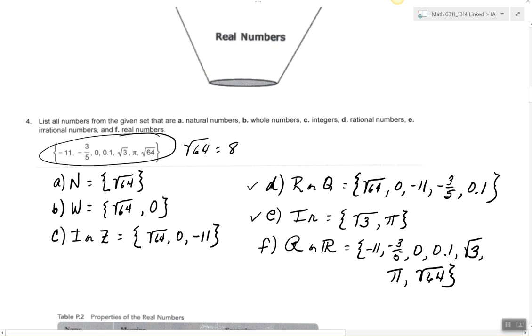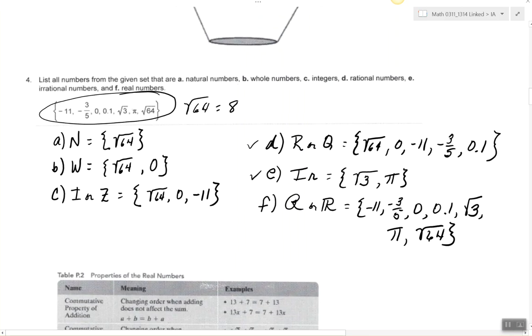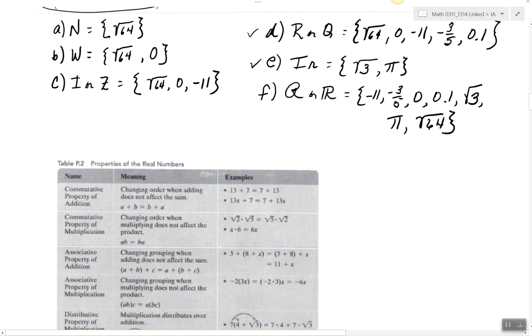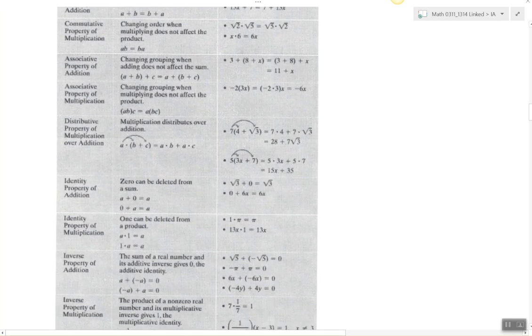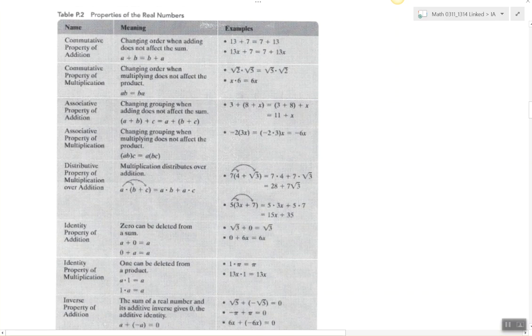Okay, so just thought we should take some time to talk about sets of numbers. The next thing I'm going to show you is a chart about the properties of real numbers. I'm not going to spend much time on this because you should have gotten it in a previous course, but the first is the commutative property of addition and the commutative property of multiplication.